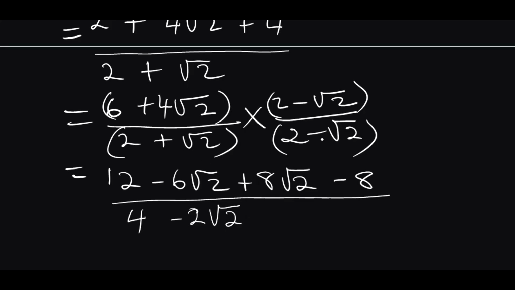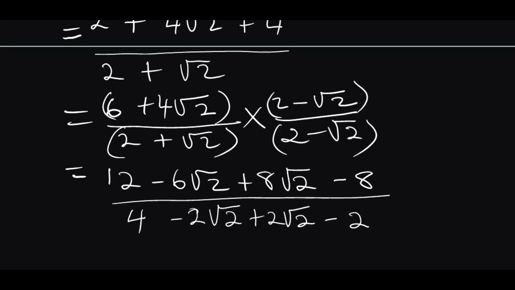Positive square root 2 times positive 2, that is positive 2 square root of 2. Right, square root of 2 times negative square root 2, that is negative 2.